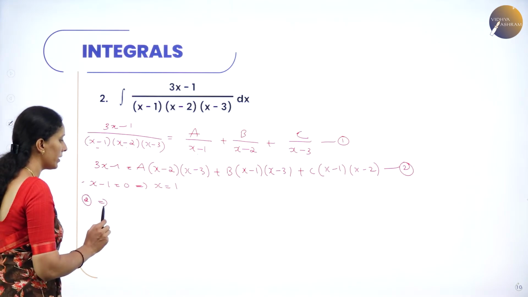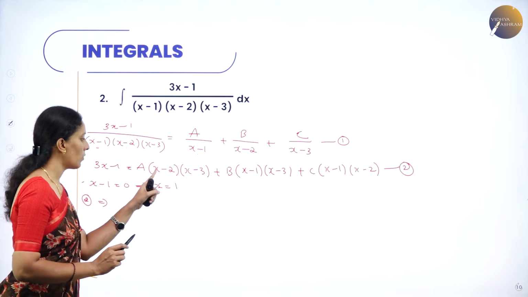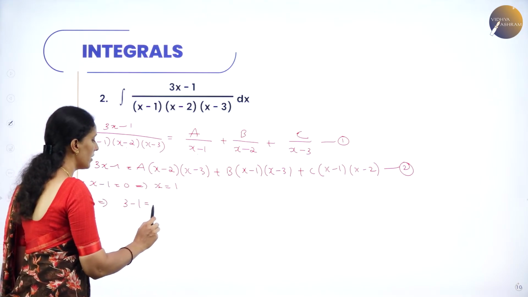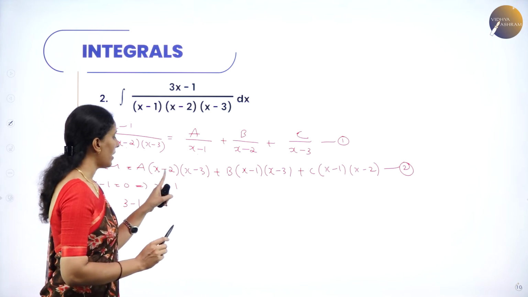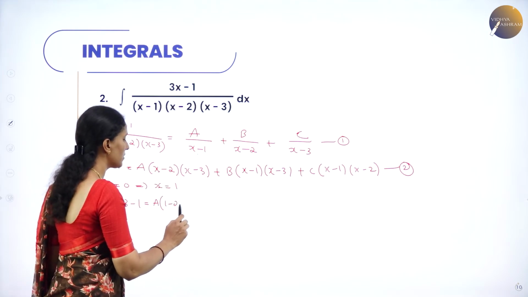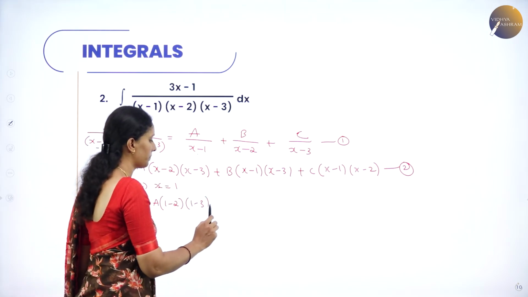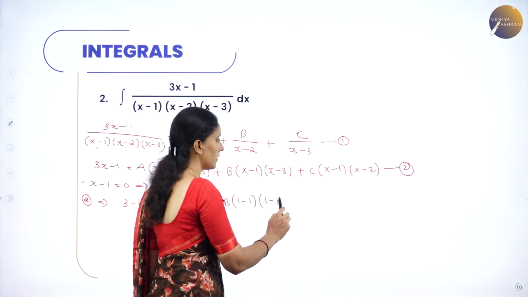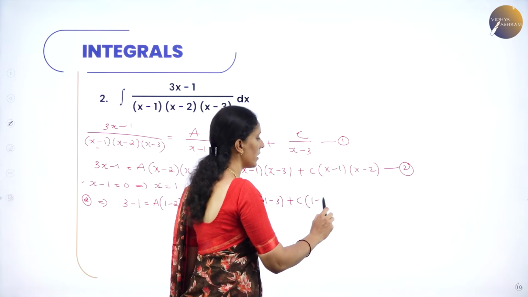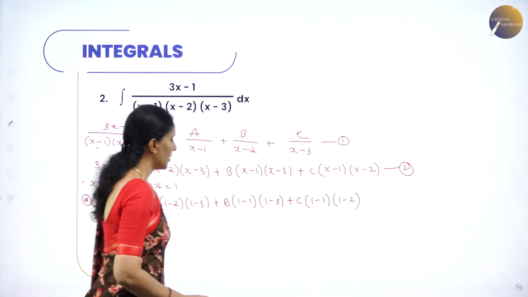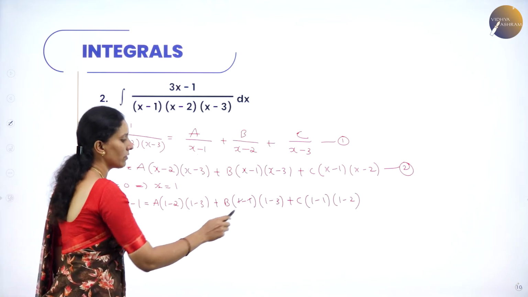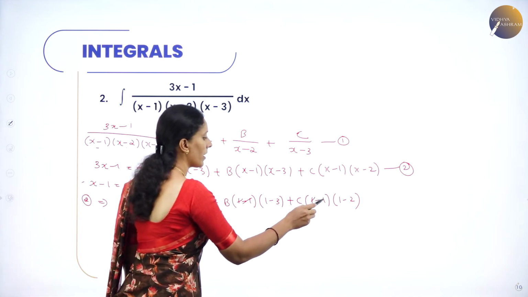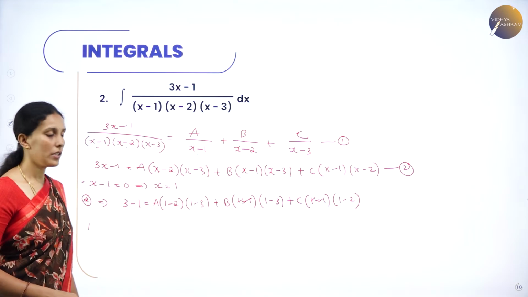Now equation 2 implies, if you take x is equal to 1 here, 3 into 1 minus 1, equals a into 1 minus 2, 1 minus 3, plus b into 1 minus 1, 1 minus 3, plus c into 1 minus 1, 1 minus 2. So now you can see 1 minus 1 cancels, so 0 into anything is 0. Here also 1 minus 1 cancels, so 0 into c is 0.